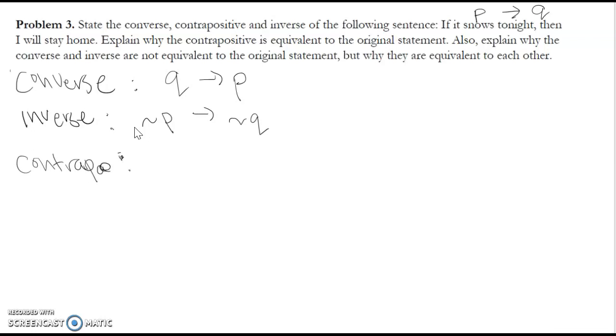It would be, this is if not Q, then not P. So in English, our sentence would read as, if I don't stay home, then it is not snowing tonight. Or anything that sounds something equivalent to that.